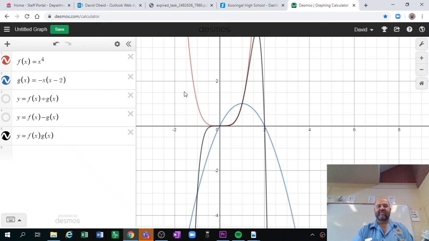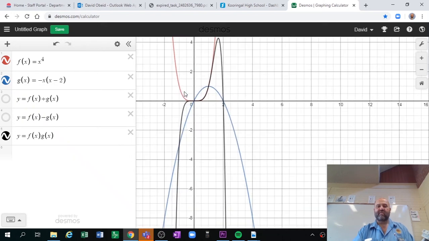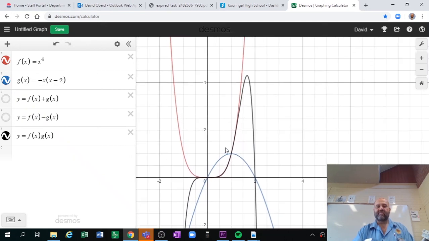I will zoom out just a tiny bit. Oopsie days, that's not working. Okay, so large positives up here times positives there give me large-ish numbers, goes up to just over 4. But then when the blue curve hits 0, it doesn't matter how big the red curve is, we're going to be at 0.